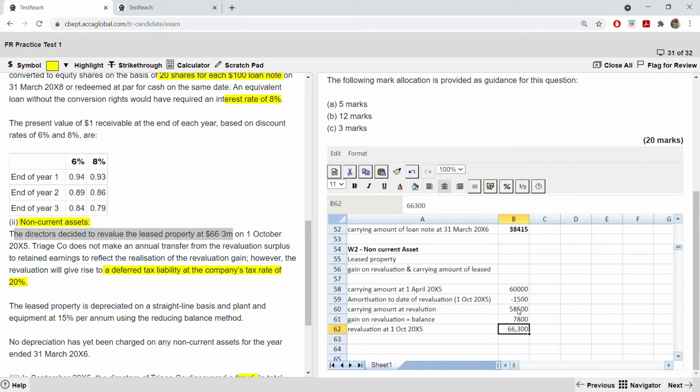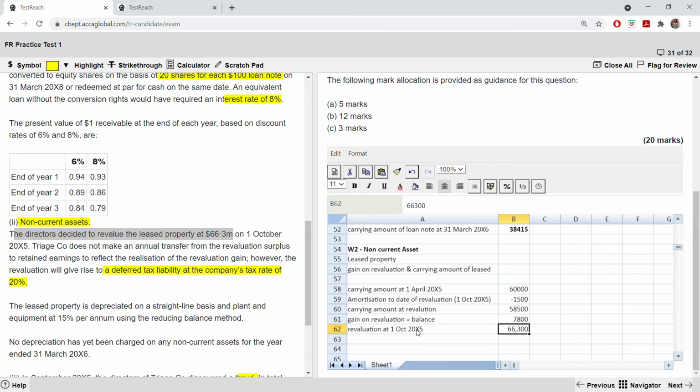Next. Remember, you need to find the carrying amount at which date? 31st March 2006. But if you see here, this one is October 2005. We should not stop here.